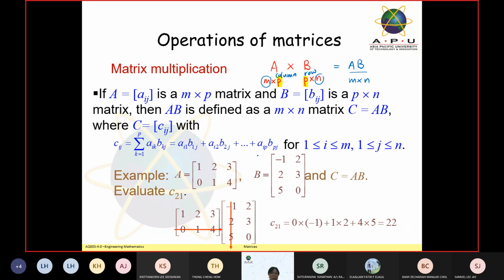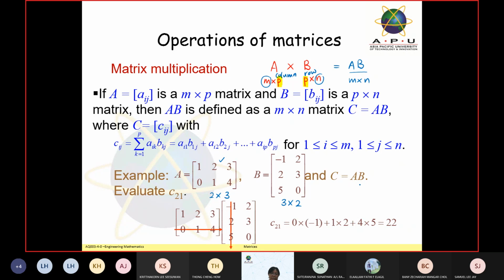For example, the one given here for matrix A. May I know what is the order for matrix A? Two by 3, yes. And how about matrix B? Three by 2, yes.